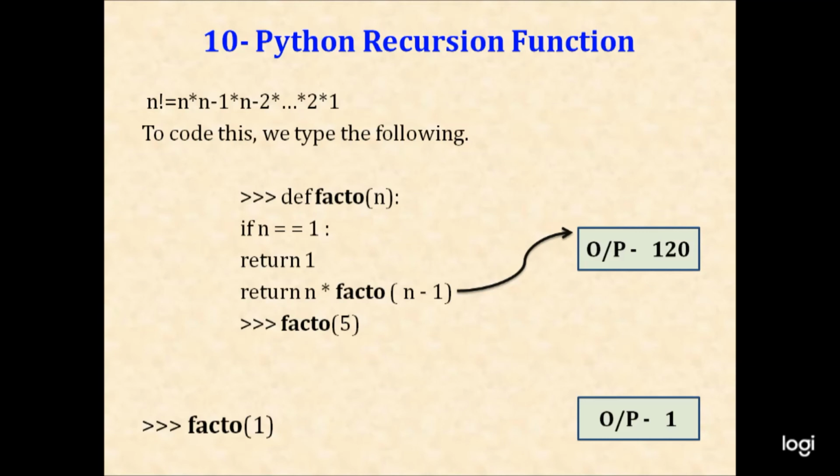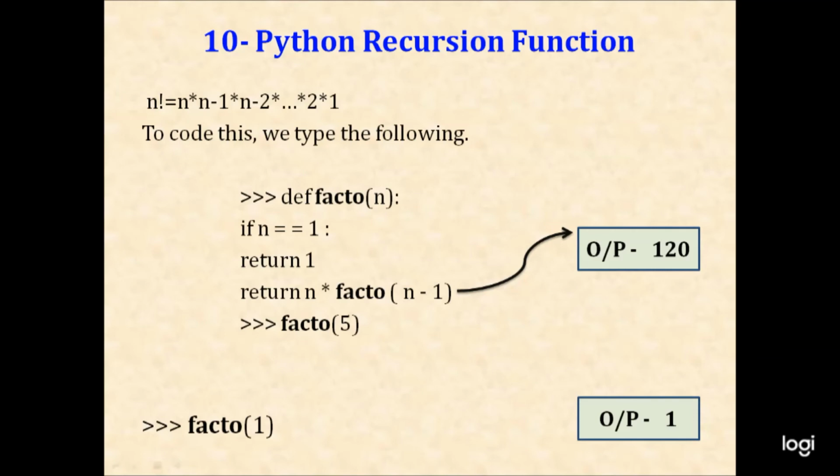In that, the values are continuously multiplied with each other to provide the output. Here I am taking the example of factorial for explaining the recursion function. When a function calls itself, that is called a recursion function.